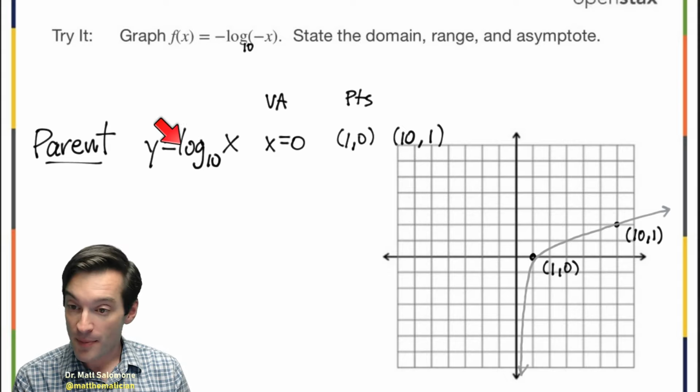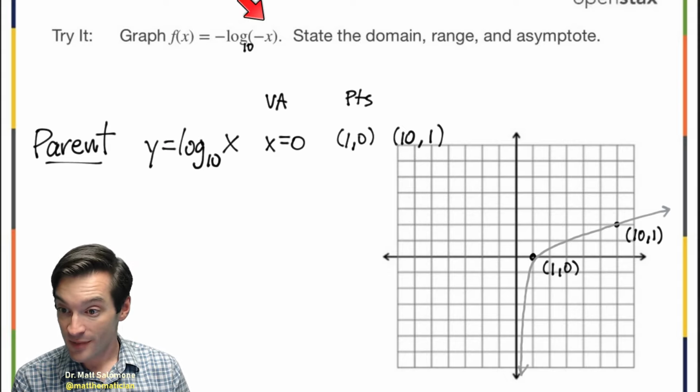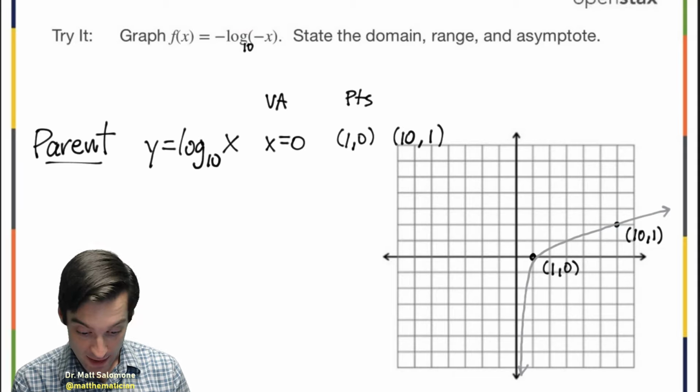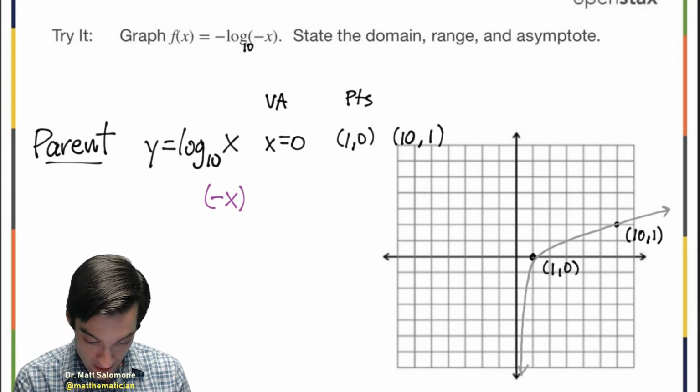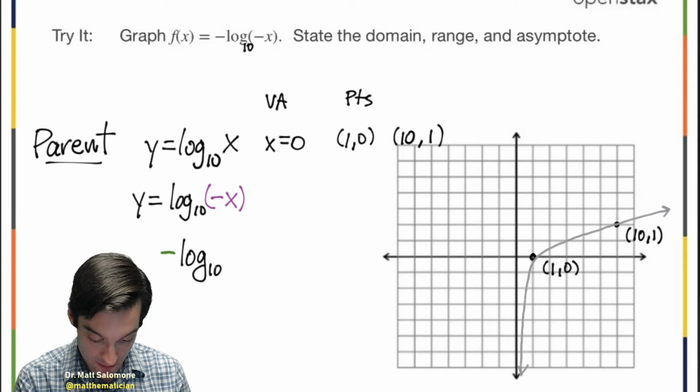Now, how do I turn my parent function into this function? Well, we have two things to do. We have to replace x by minus x. So we'll do that in our first step right here. If I replace x by minus x, then I'll be looking at the graph of y equals log base 10 of minus x. And then my second step is I'm going to put a minus out in front of the expression that defines my function, minus log base 10 of minus x.